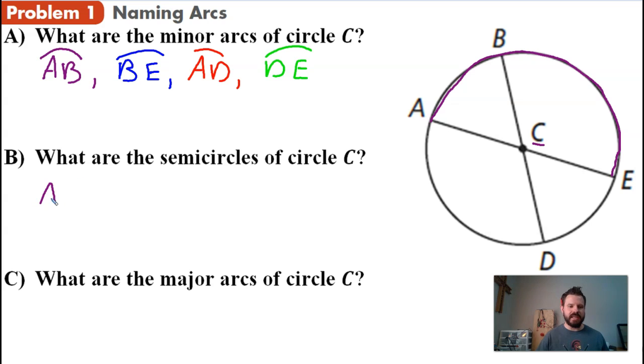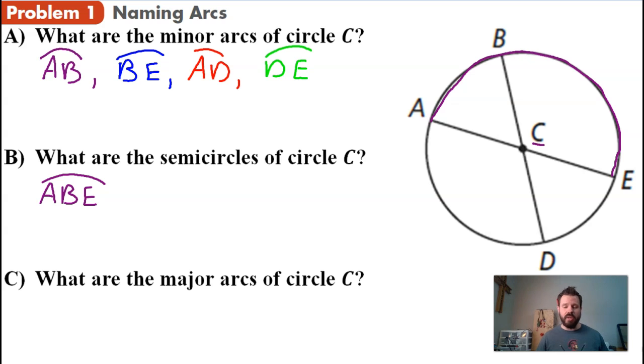I've got to name that arc ABE. The reason I need that B in the middle is if I just said arc AE, I wouldn't be able to tell if you're talking about the top half of the circle through B or the bottom half through D. So for semicircles, and we'll also see for major arcs, we need the 3 points.